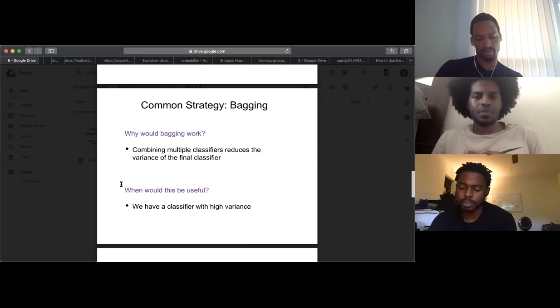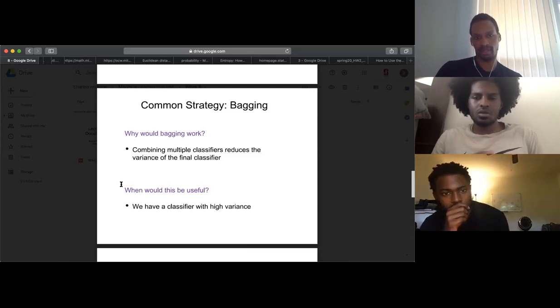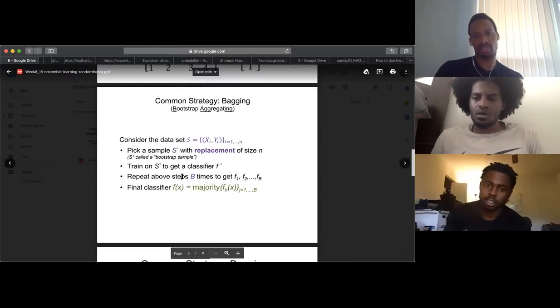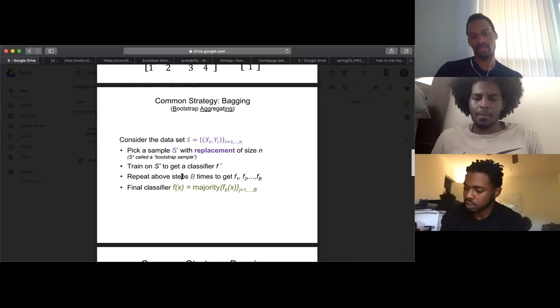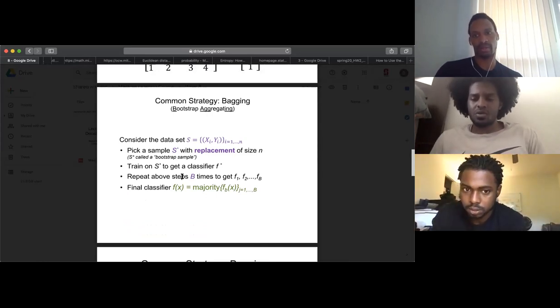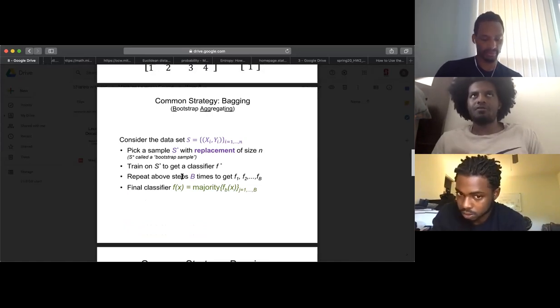Right. So for the classifier, it says majority of the classifiers. What exactly does this mean? Does this mean you're comparing the trees and seeing which one occurs the most times? Yes. You could have a B number of decision trees in your set.